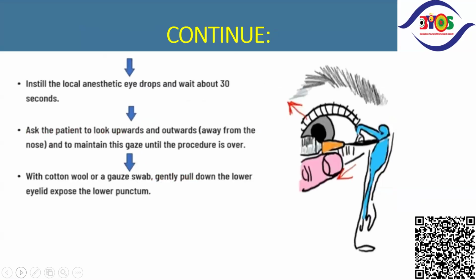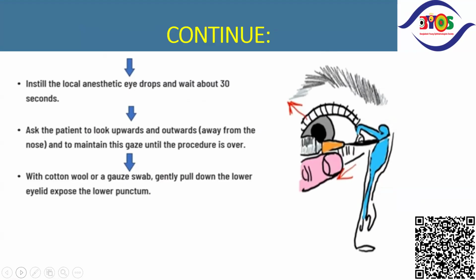We instill the local anesthetic eye drops in the lower eye and wait about 30 seconds, and then ask the patient to look upwards and outwards away from the nose, so that we can prevent any injury to the cornea or conjunctiva while doing the procedure.